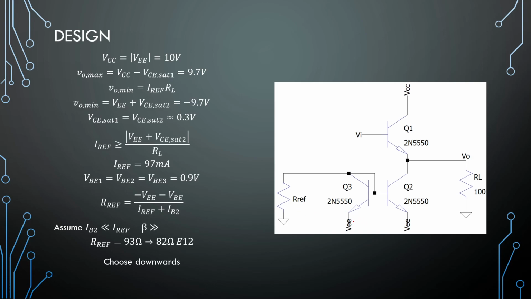And we have our VEE minus our VBE voltage right here. So minus minus is our 0 over the reference current will give us our reference resistor. Right. So this works out at 93 ohms. And we always choose this resistor downwards. So 82 ohms would be the best. Okay, so I'll show this later in the simulation.